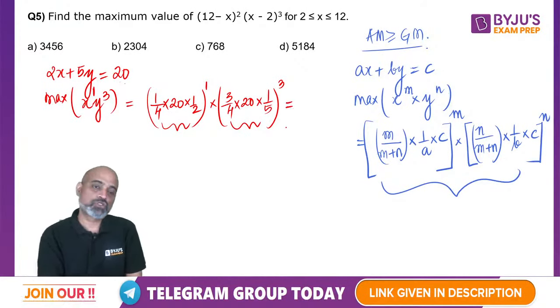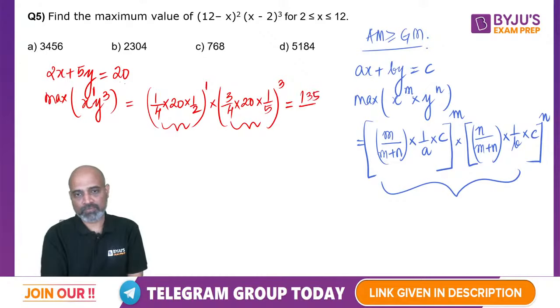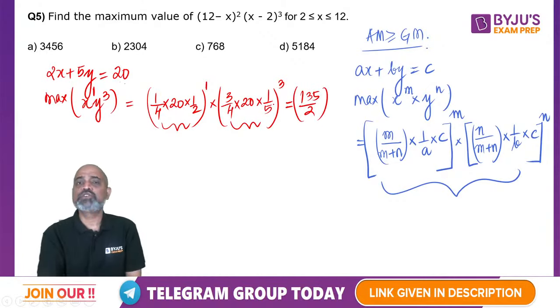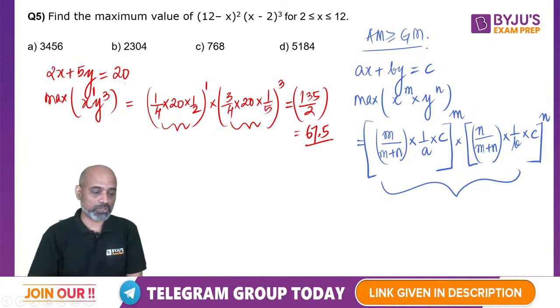Now if you solve it, this is going to be 27 times 2.5. 27 times 2.5 means 135 by 2. 67.5 is the highest value you can have. So this is what you do.